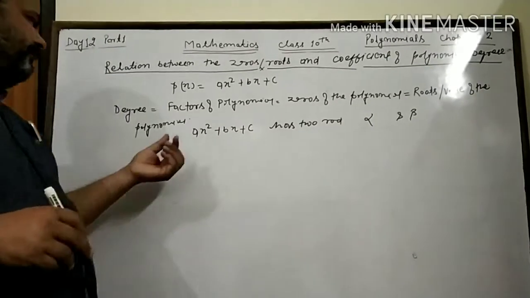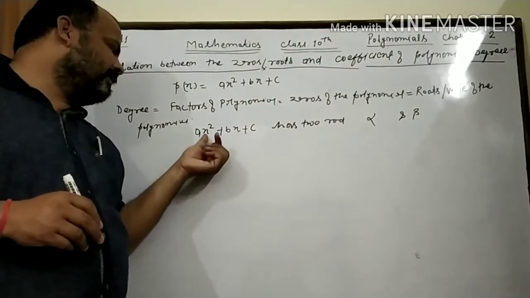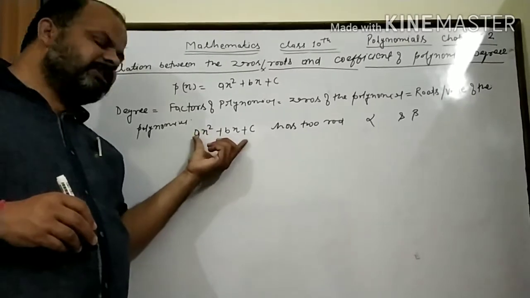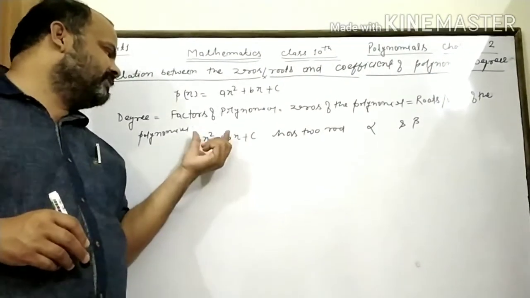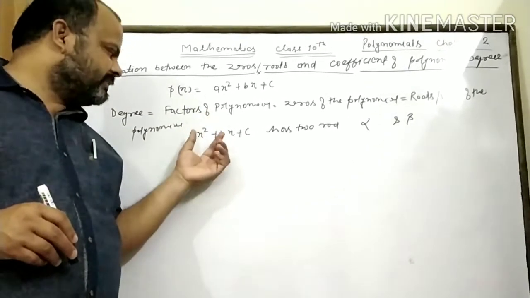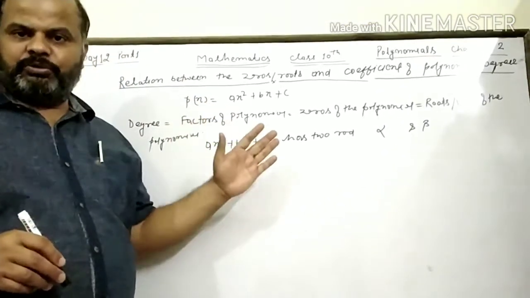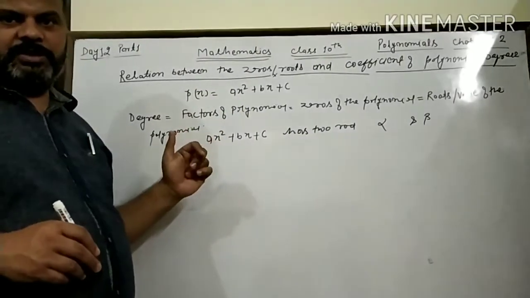It means if you put alpha in the place of x, this polynomial is 0, and if you put beta in the place of x, this polynomial is also 0. It is called a root of the polynomial. Clear?